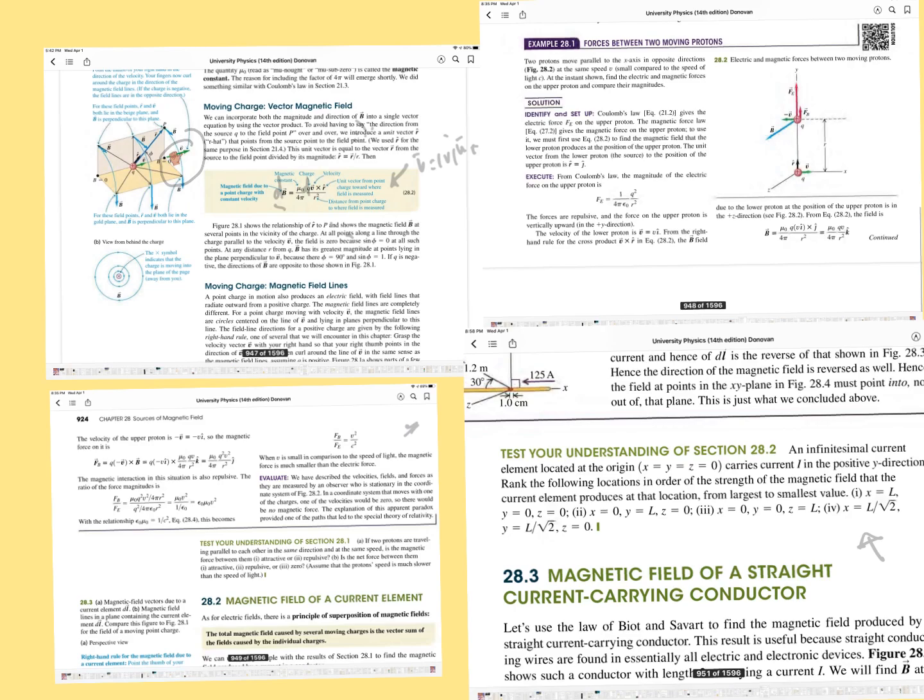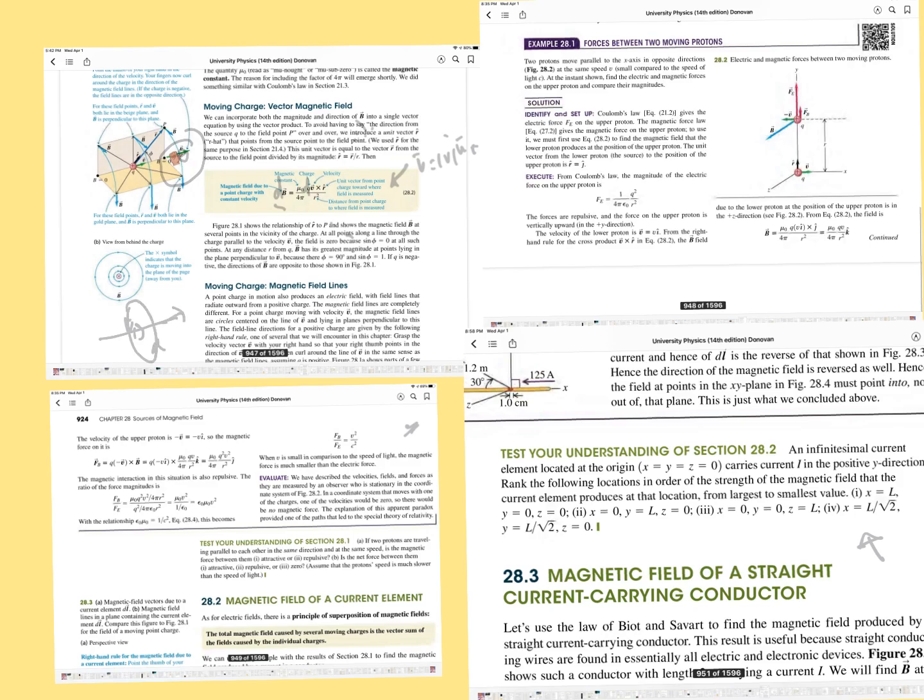So let me finish. You see this hand is called the rule of the right hand. It should be the right hand, not the left hand. You take the right hand and you point your finger, this finger, in the direction of v, and the other fingers will point in the direction of B. So if this is the charge and this is the velocity, the lines will go like this.